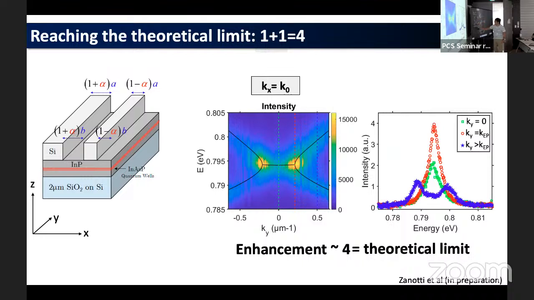So this is KX, omega. They cross because KY equals 0, and this one is K0. But if I work at KX equal to K0, and I start to introduce KY, then TE and TM will couple.